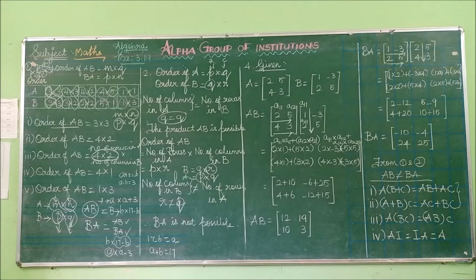If A, B, C are m cross n, m cross n and n cross p matrices respectively, then A plus B into C is equal to AC plus BC, the left distributive property. So listen, the first one is the right distributive property, the second one is the left distributive property.